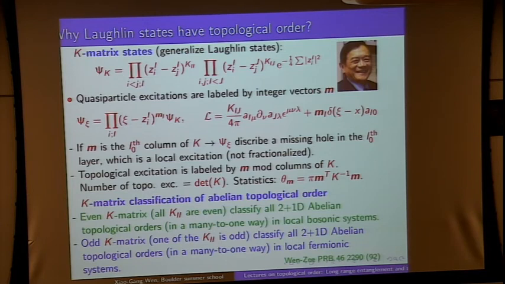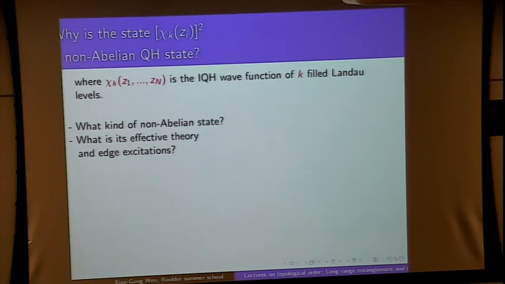Therefore, for abelian topological order, using this K-matrix state, we have a pretty systematic understanding. That's one of the earlier results for the systematic understanding.